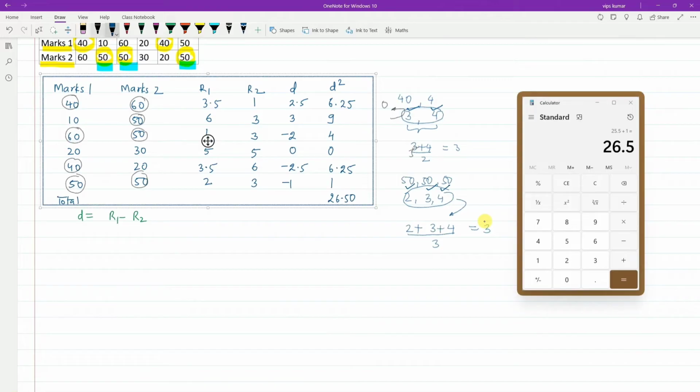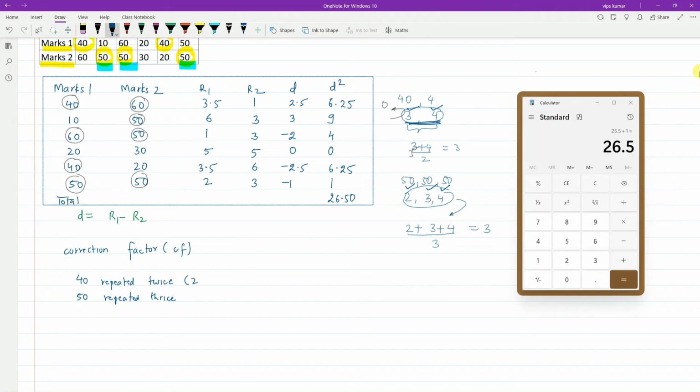Now for the next part, we are going to calculate the correction factor, which we will denote by CF. The correction factor needs to be calculated for every rank which is repeated. So in marks 1 we had 40 repeated, and that was rank 3 and 4. So we have 40 repeated twice, and in marks 2 we had 50 repeated thrice.